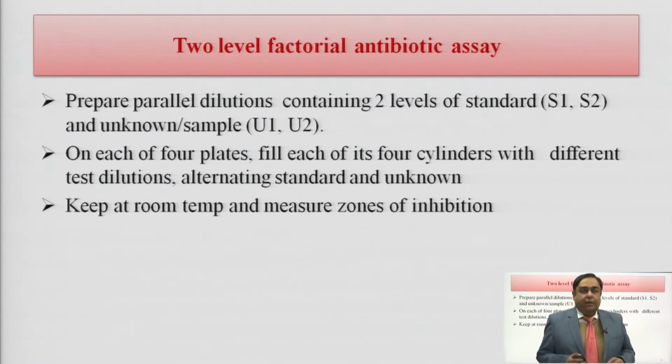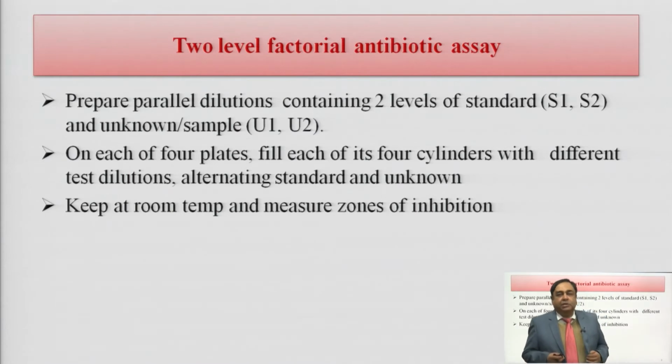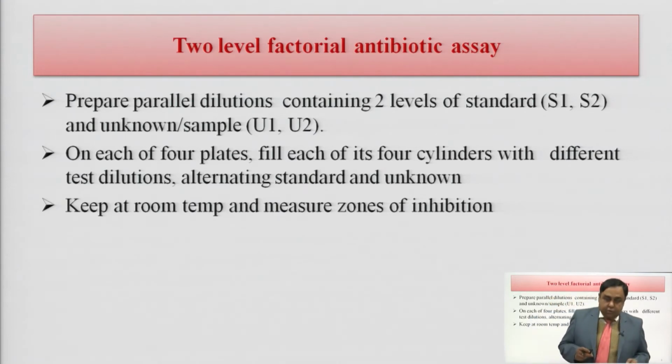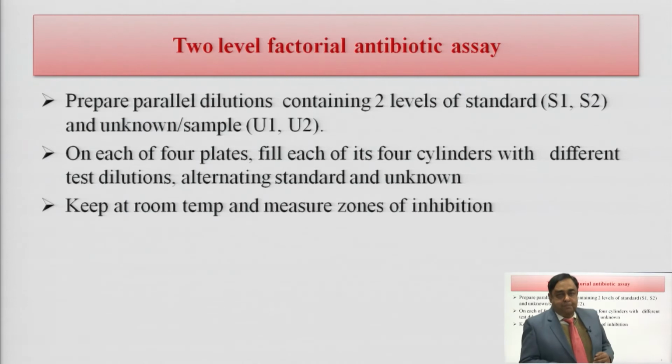And then the nutrient agar plate is flooded with these microorganisms, and then putting this antibiotic in the respective cylinders, followed by the process of incubation, will lead to development of zones of inhibition.